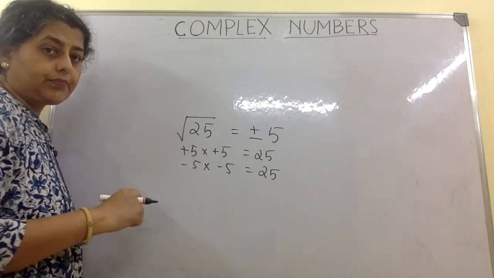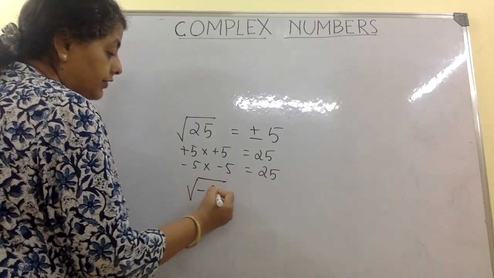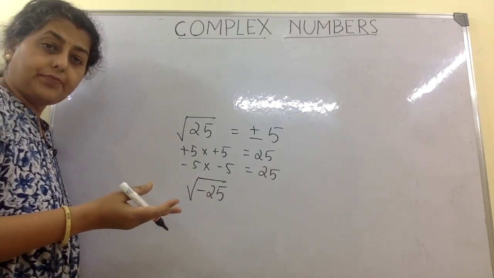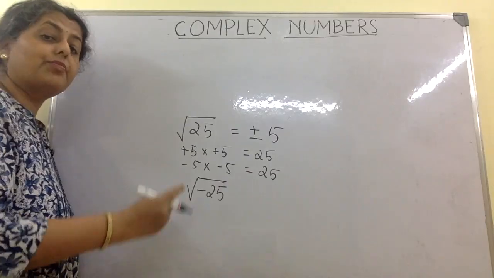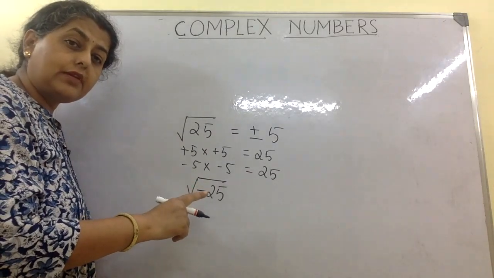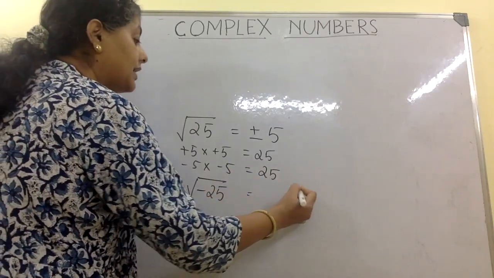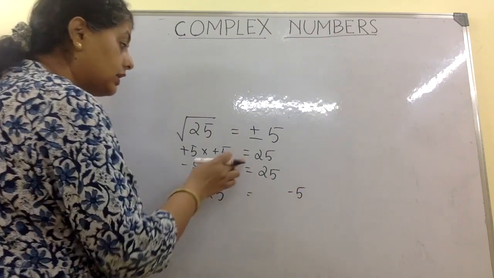But now let me ask you something. Have you ever thought what is the value of root minus 25? Some of you will say root minus 25 is equal to minus 5, which is wrong, because minus 5 into minus 5 will again give you 25.